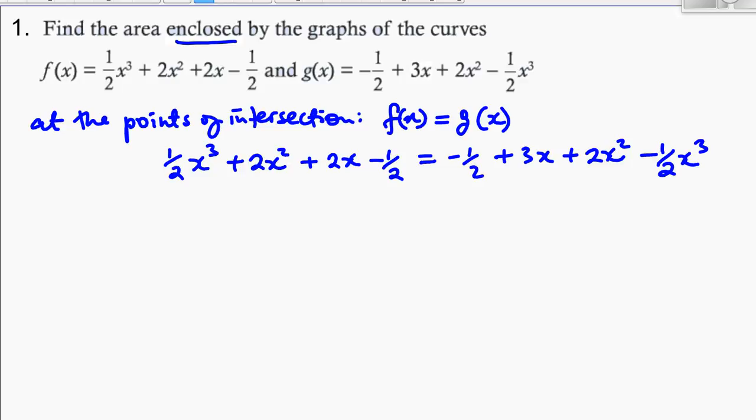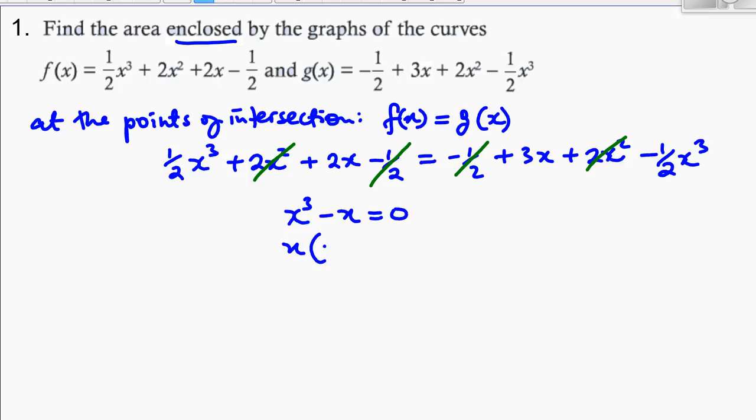I can go ahead and cancel a few things. Cancel that, half gone, a half gone. So if you simplify this, you will end up with x cubed minus x equals 0.